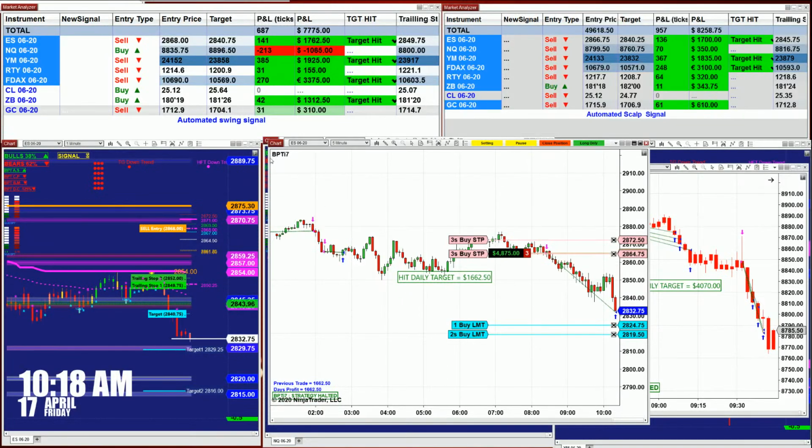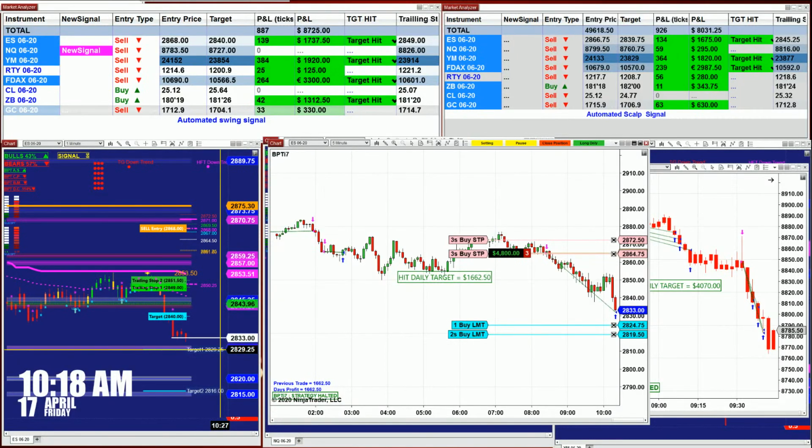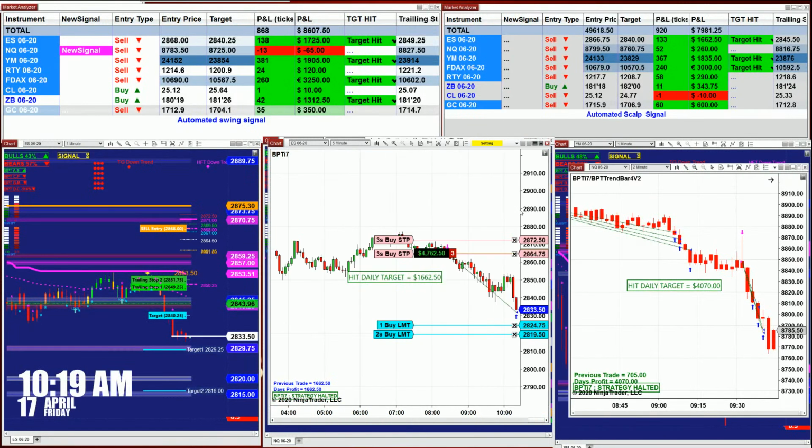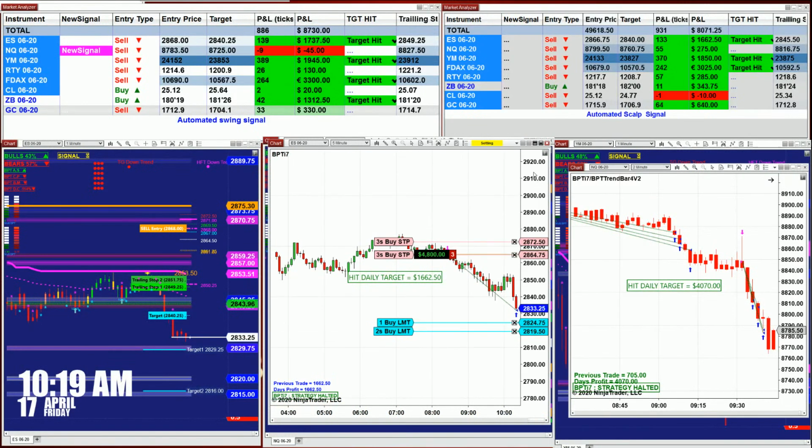So I'm keeping my eye on the 28.2925. This is the support area. It's a shame to close it if we can go further down with it.